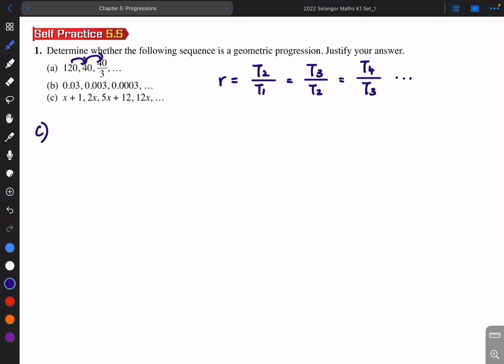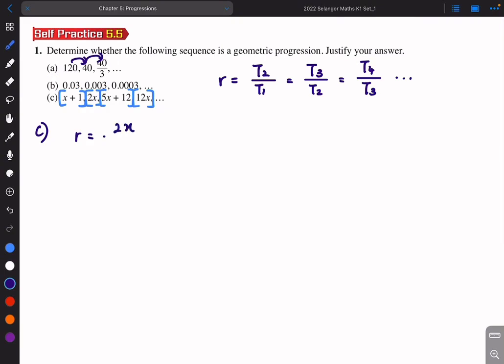Finally, let's look at C. We have a few terms. This is the first one, this is the second one, this is the third one, and this is the fourth one. So we have to do T2 over T1. So let's do R is T2 divided by T1.